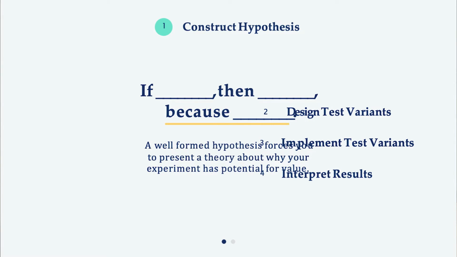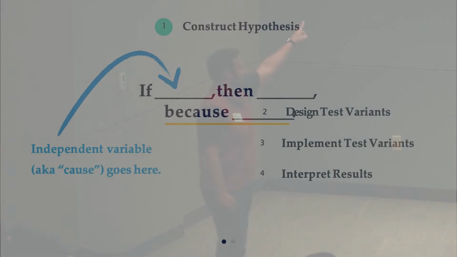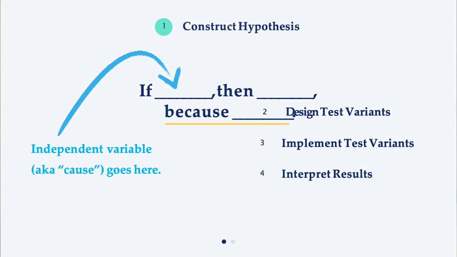So if we deconstruct this if-then-because format, it's really simple, but it forces you to bring three things to the table when you're looking to do an A/B test. The first one, in the blank space next to if, is your independent variable. This is the cause, the thing that you're experimenting with, whether it's a different design treatment, a different feature, a different message, whatever it might be.